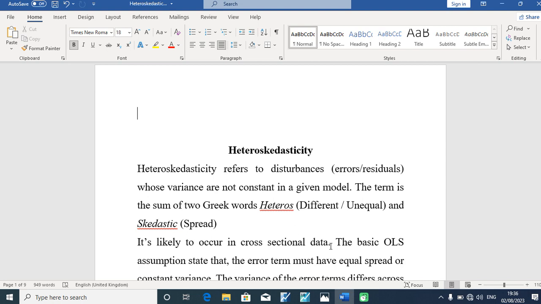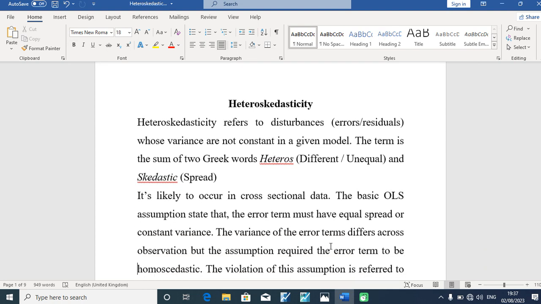The word heteroskedasticity refers to disturbances whose variances are not constant in a given model, and the term is a combination of two Greek words, heteros and skedastic. Heteros refers to different or unequal, whereas skedastic refers to spread, and it is likely to occur mostly in cross-sectional data.